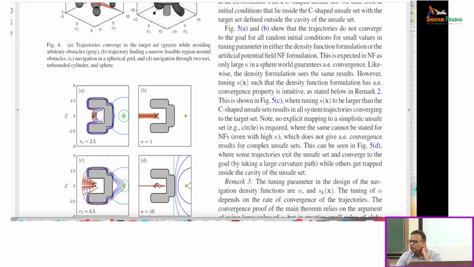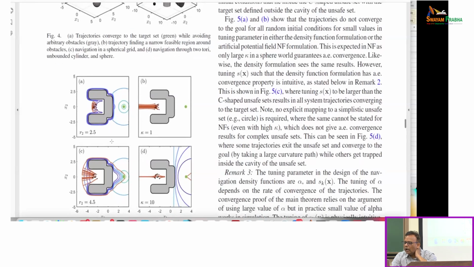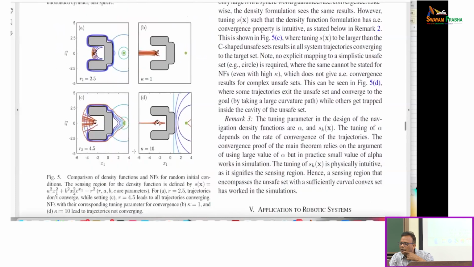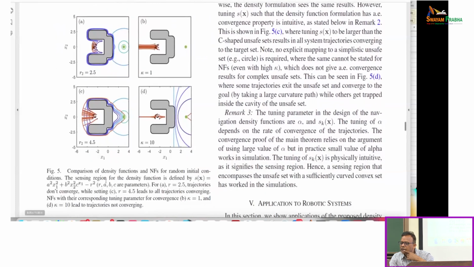I think depending upon the different sensing region and different tuning parameters in figure A, so the R1, R2, this R2 here is the sensing region. I forgot what the kappa is. Yeah, so this R here is the sensing region as described.